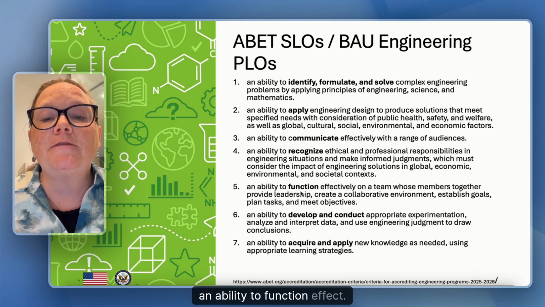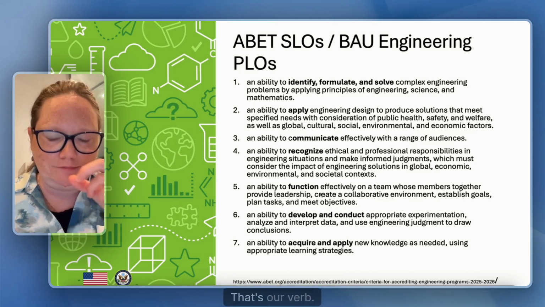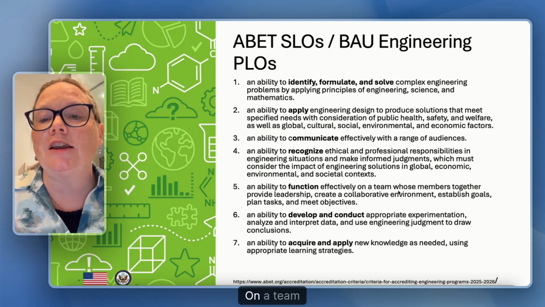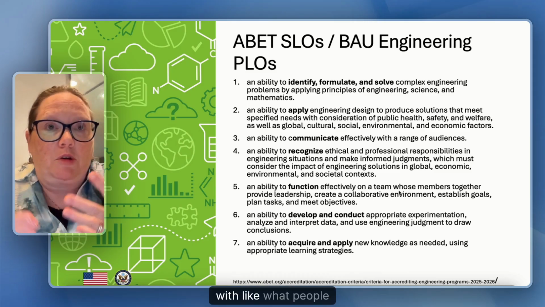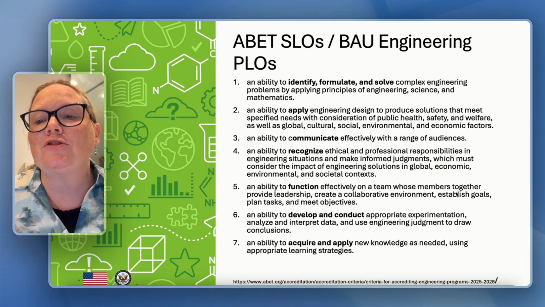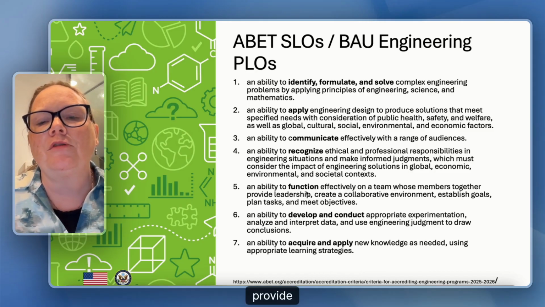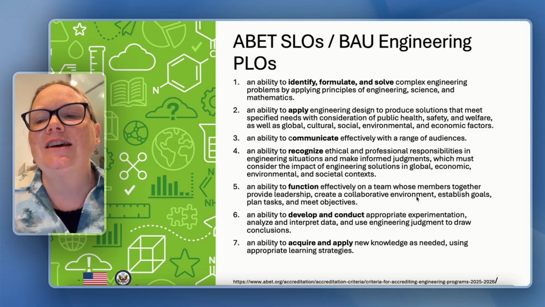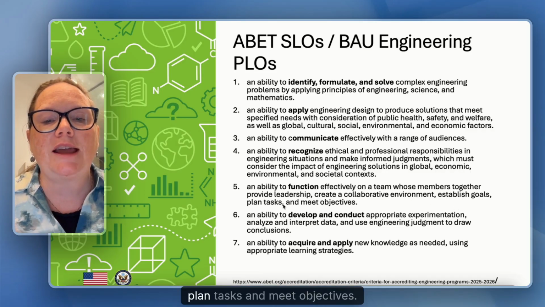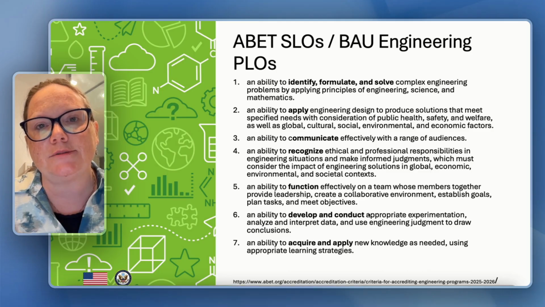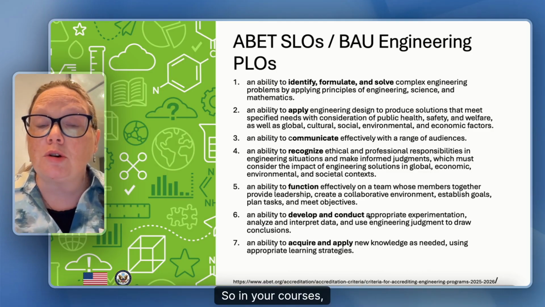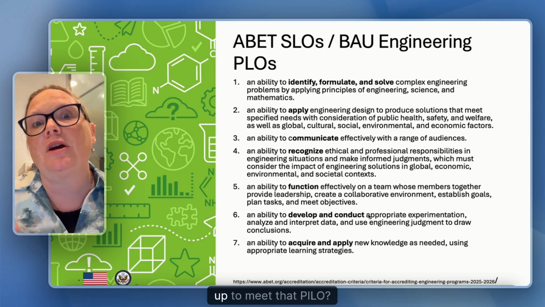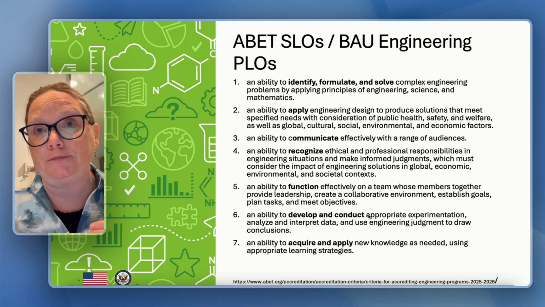An ability to function, that's our verb, effectively, how? On a team, okay, with what people? Whose members together provide leadership, create a collaborative environment, establish goals, plan tasks, and meet objectives. So in your courses, think about how you are going to set students up to meet that PILO.